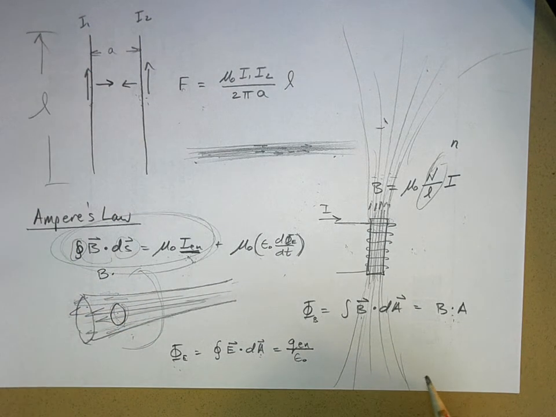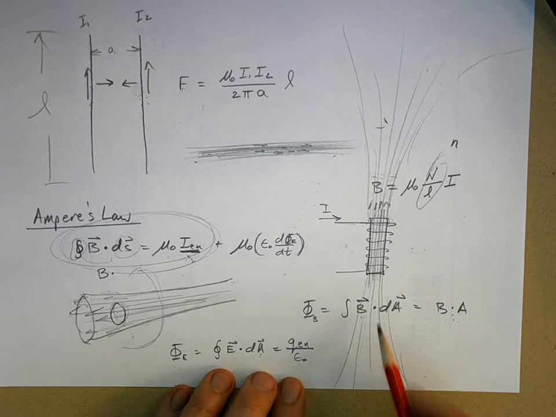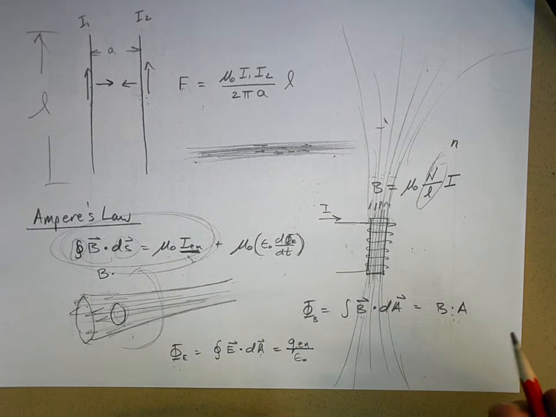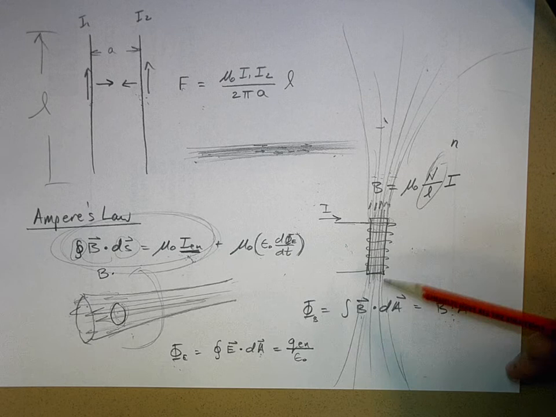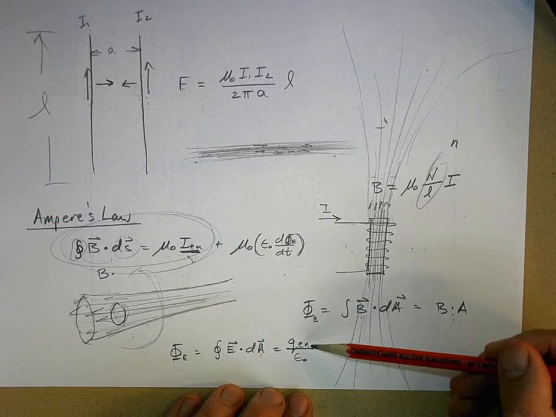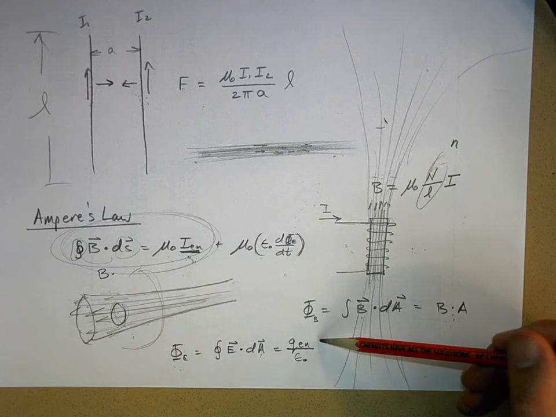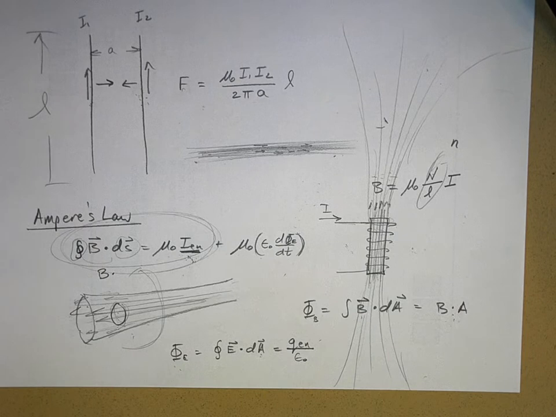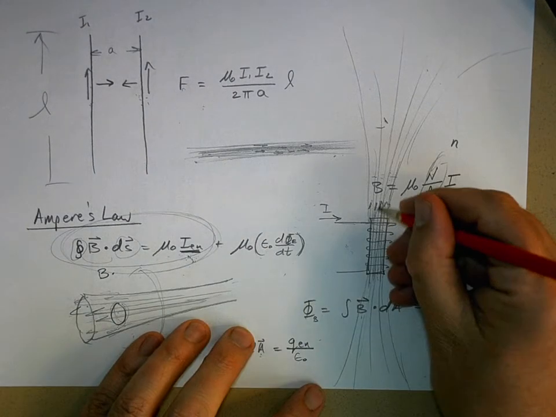But since magnetic field lines, to the best of our knowledge, always come in loops, you can't enclose positive or negative magnetism. It doesn't exist. This is like the North Pole and this is like the South Pole of a magnet.